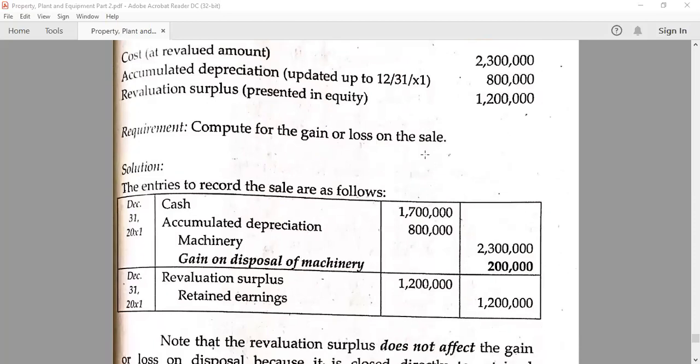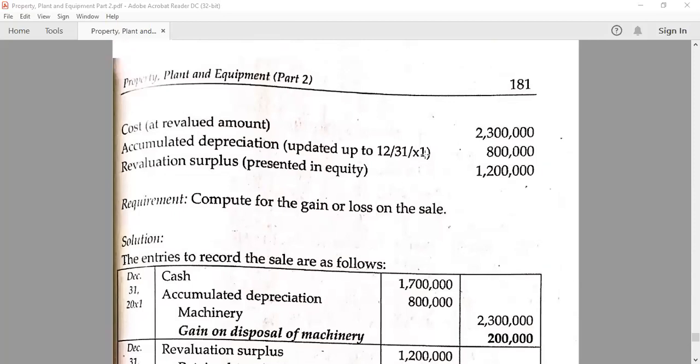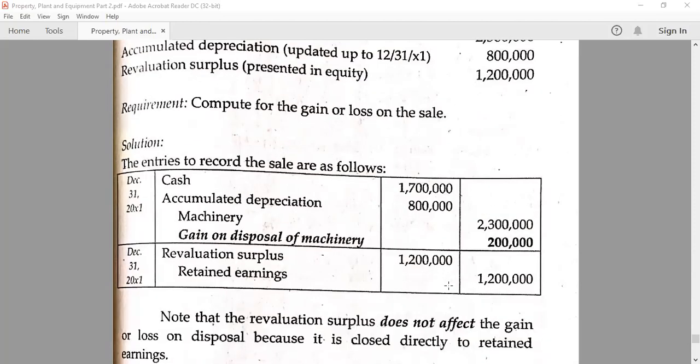So in this case, we have our proceeds of cash, 1,700,000. Carrying amount is 2,300,000 cost minus accumulated depreciation of 800,000, that's 1,500,000. You can recompute. Then 1,700,000 minus 1,500,000 equals gain on disposal of 200,000.